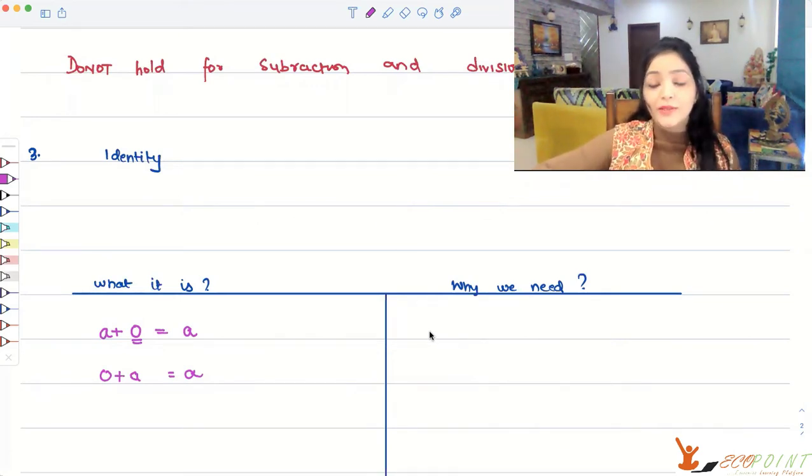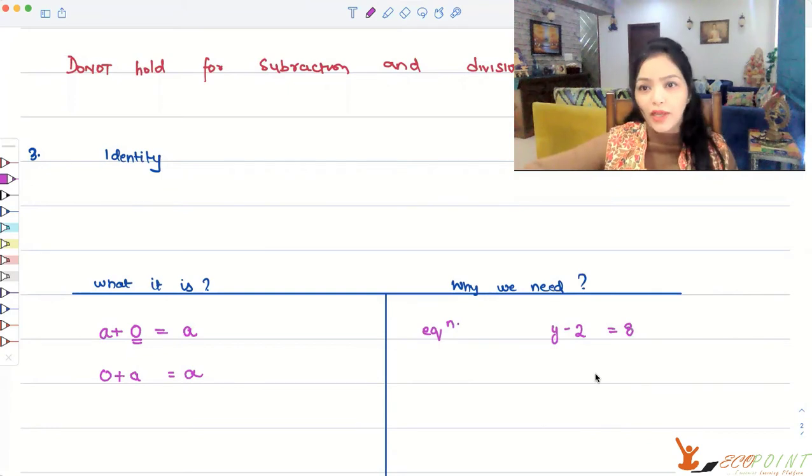While solving equations, we use it a lot. So an example I'm going to give you is in terms of equations. Say you have y minus 2 equals 8. You have to solve for y. Now, if I add 2 on both sides, then what am I going to get? Minus 2 and plus 2 will give me 0. So I'm going to get y plus 0 is equal to 10. And I'm sure you know by now, y plus 0 is nothing but y.